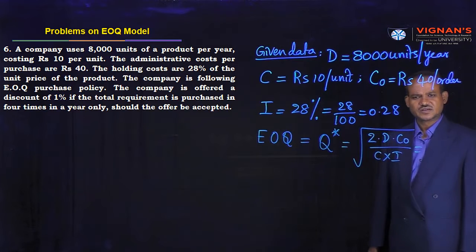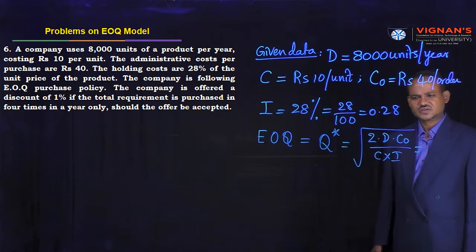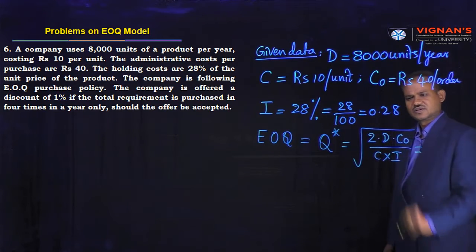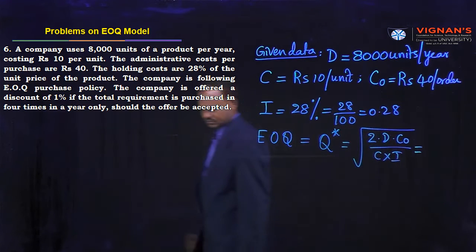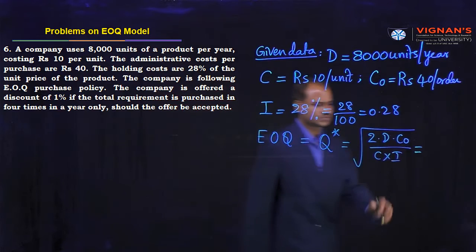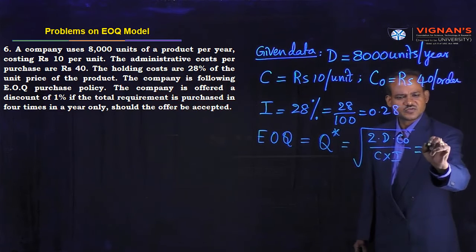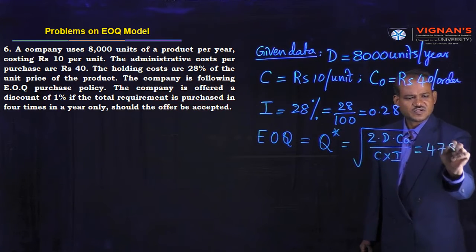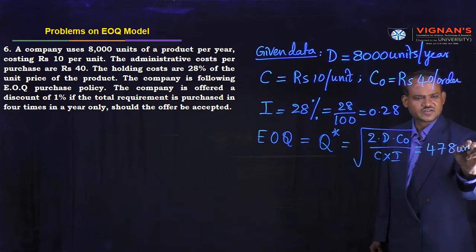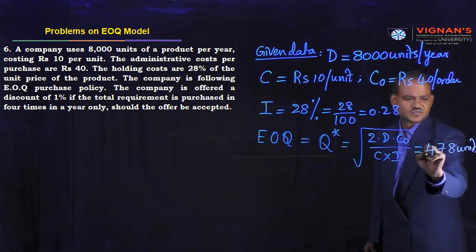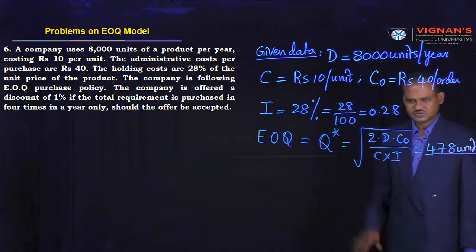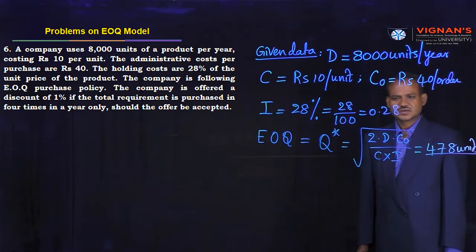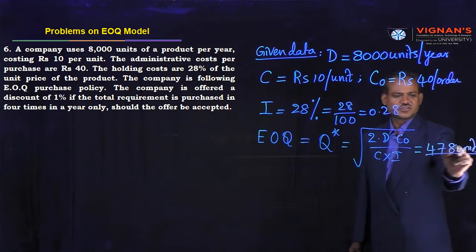Everything we know. Therefore Q star becomes 478 units.